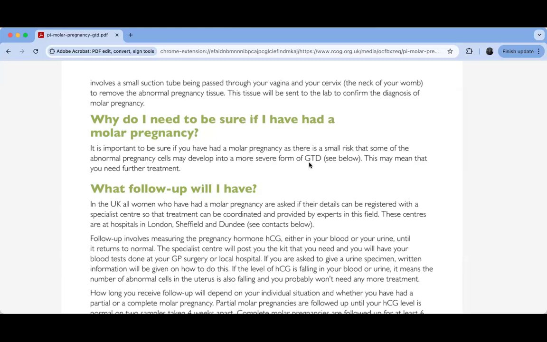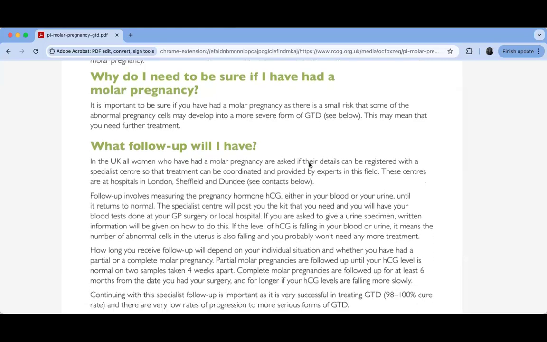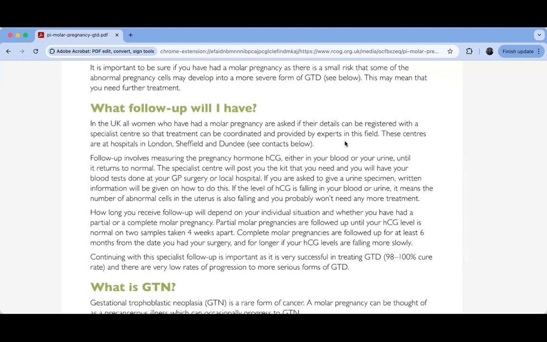Okay, that means that you may need further treatment, and that also means you have to have a follow-up plan. This follow-up plan will be provided by a specialist center, so the treatment can be coordinated and provided by experts in this field. These centers are hospitals in London, Sheffield, and Dundee, okay?